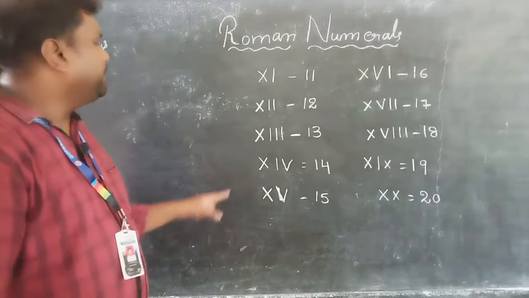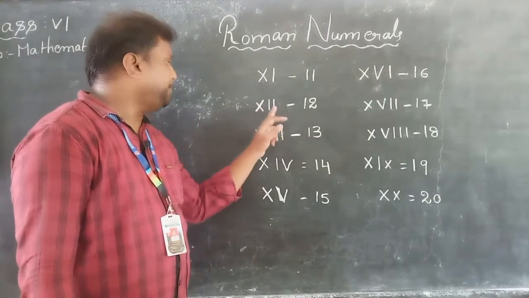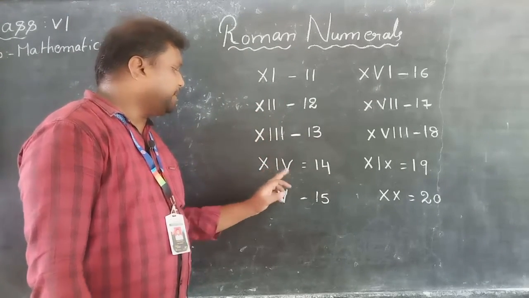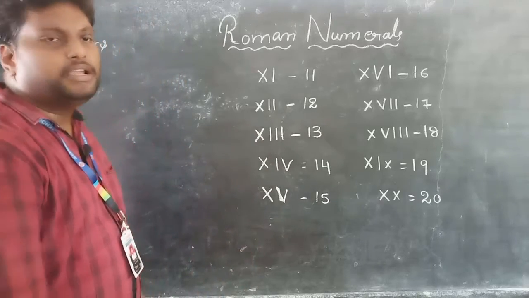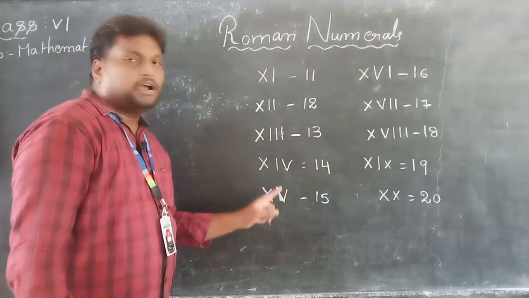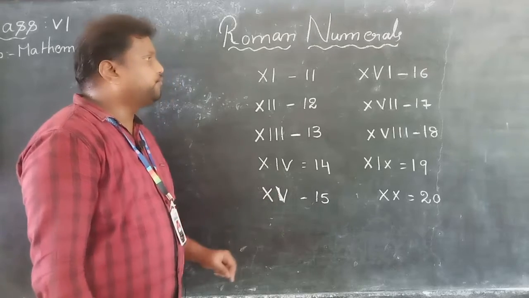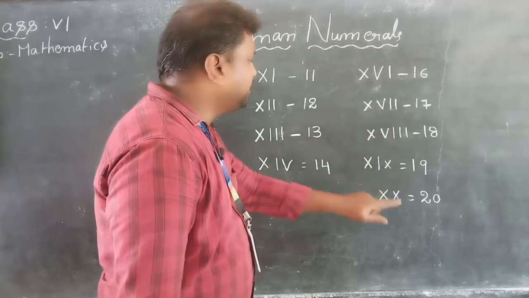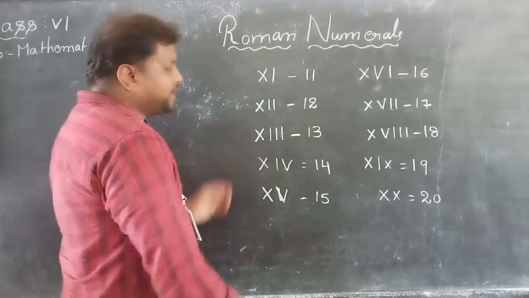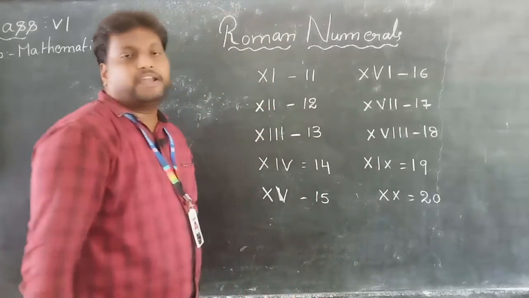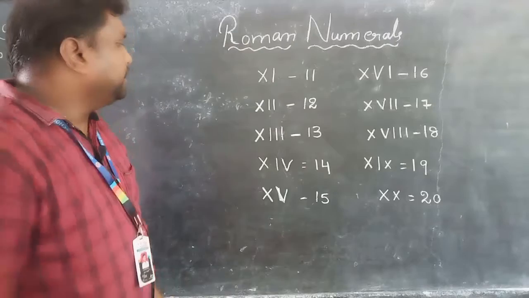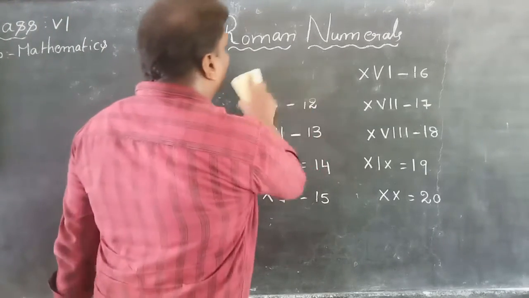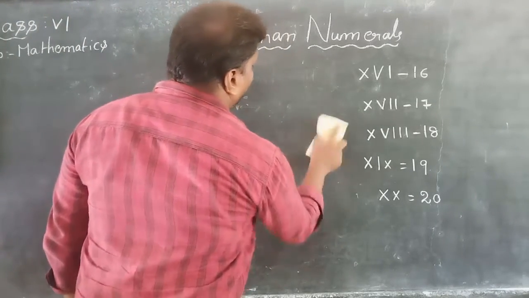Observe here: 11 means 10 plus 1, 10 plus 2, 10 plus 3, 10 plus 4. 4 we have already done, it is IV. See here, X came 2 times, that's why 20. Next, after 20, how to write the remaining tens?